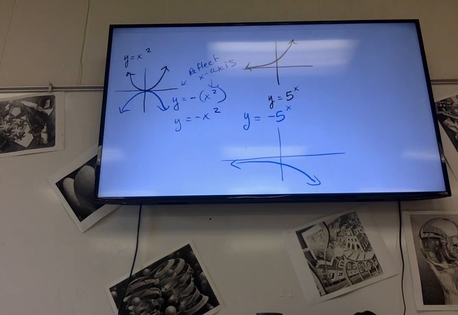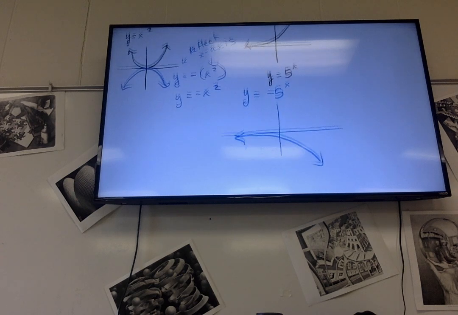It's been flipped. Oh, that looks really bad. Try it again. It would be flipped up and down across the x-axis.